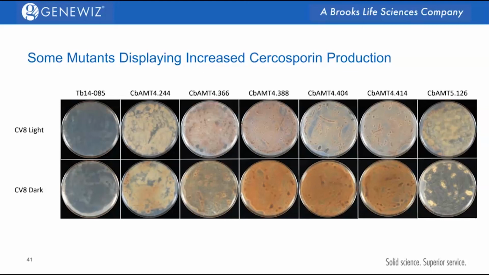However, in a lot of these strains, I was able to identify a higher amount of cercosporin being produced. This project was then abruptly ended due to the COVID-19 pandemic, and I haven't been able to revisit it in more than 2 months.